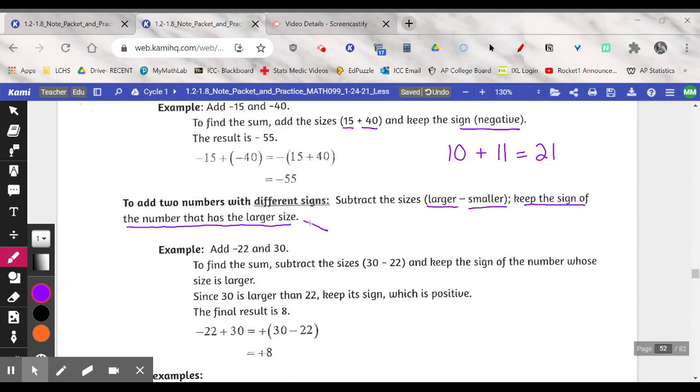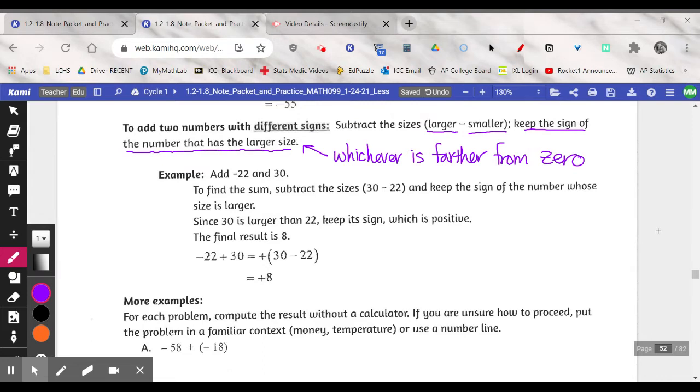So you can think of this as whichever is farther from 0. So when you compare your numbers, you're comparing which one is farther from 0, and that is the sign that you're going to keep.